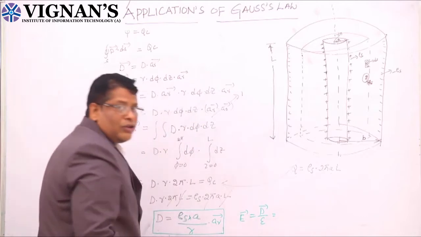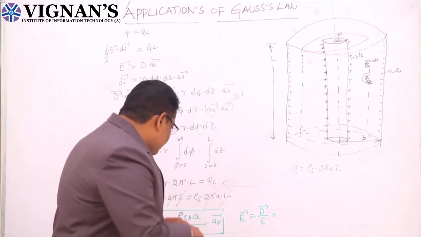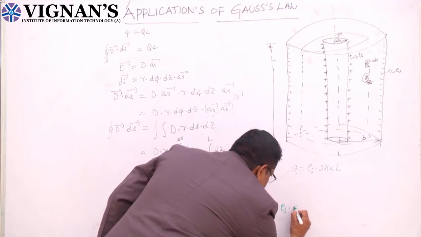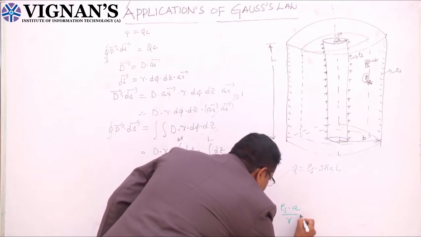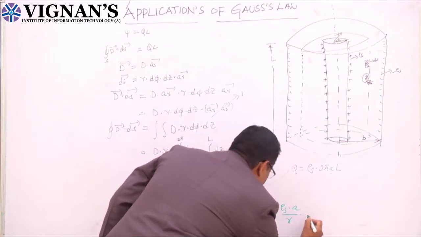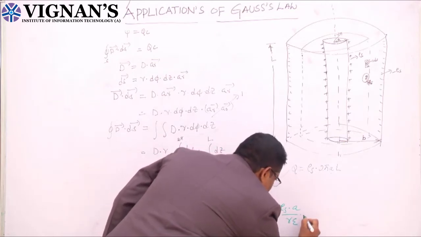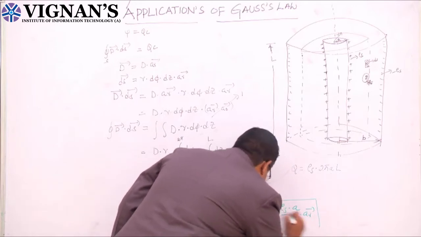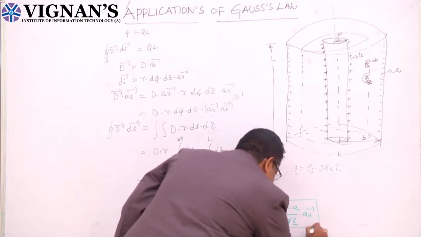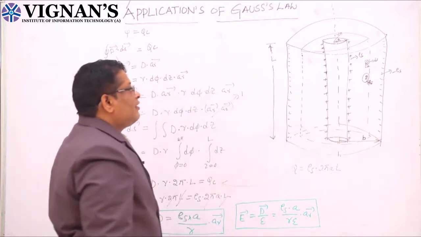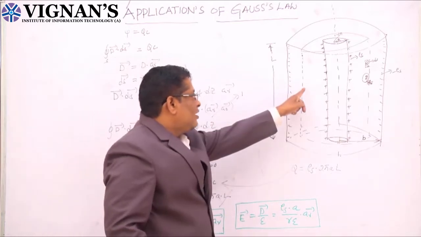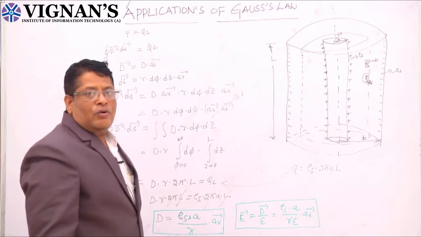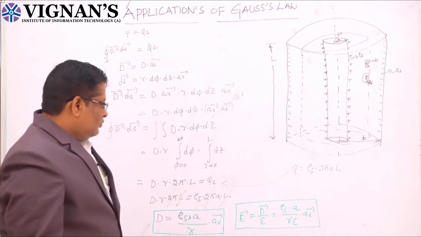Already we know the value of D bar, so substitute here: rho s into A by R into epsilon, a_R bar. This is the electric field intensity inside of a coaxial cable. Now this is case 1.